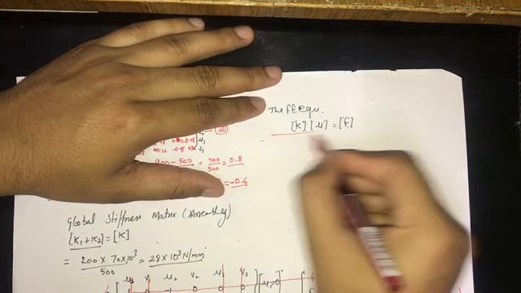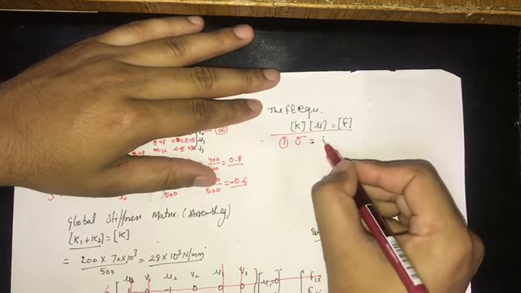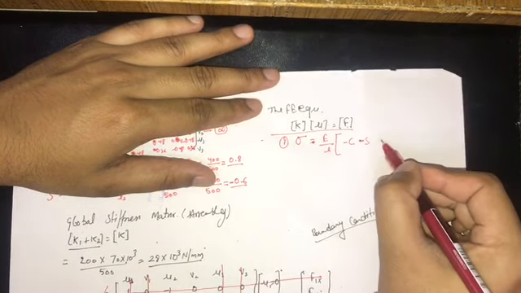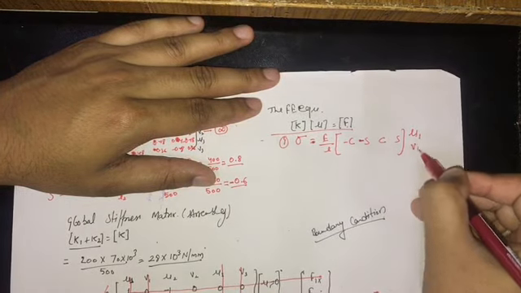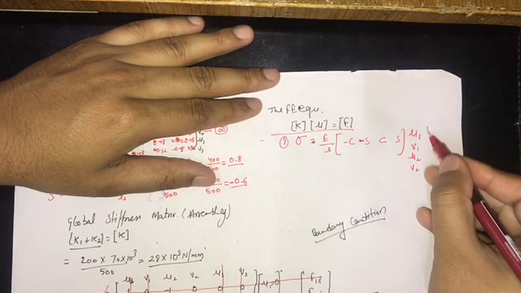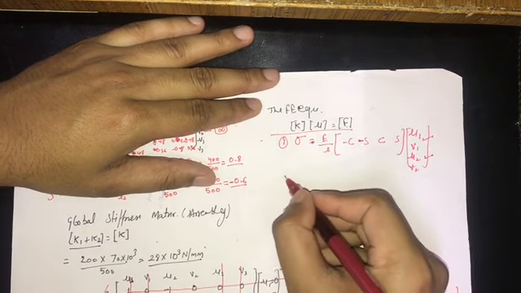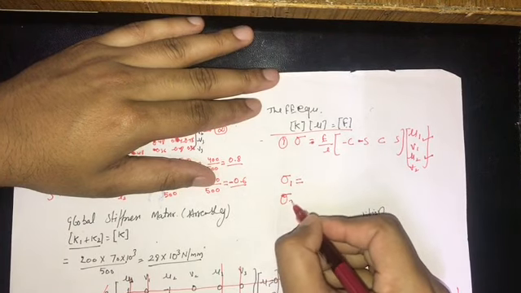So sigma is nothing but E by L times minus C, minus S, C, S. It is for element 1, with U1, V1, U2, V2. So this is for element 1 and this is for element 2. So we calculate sigma 1 and sigma 2.